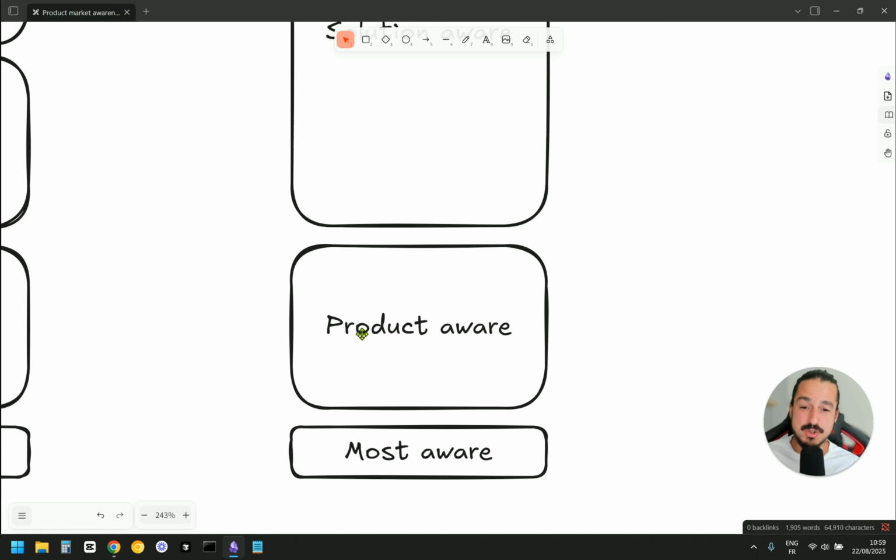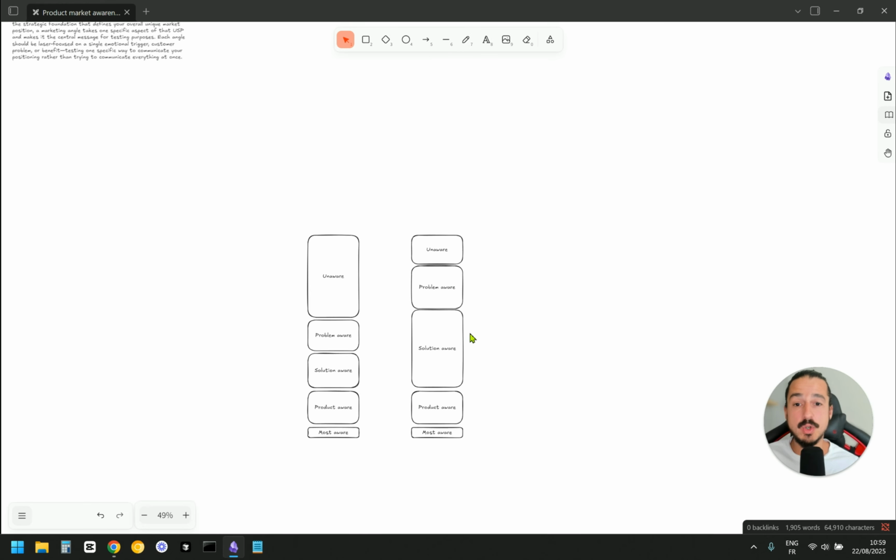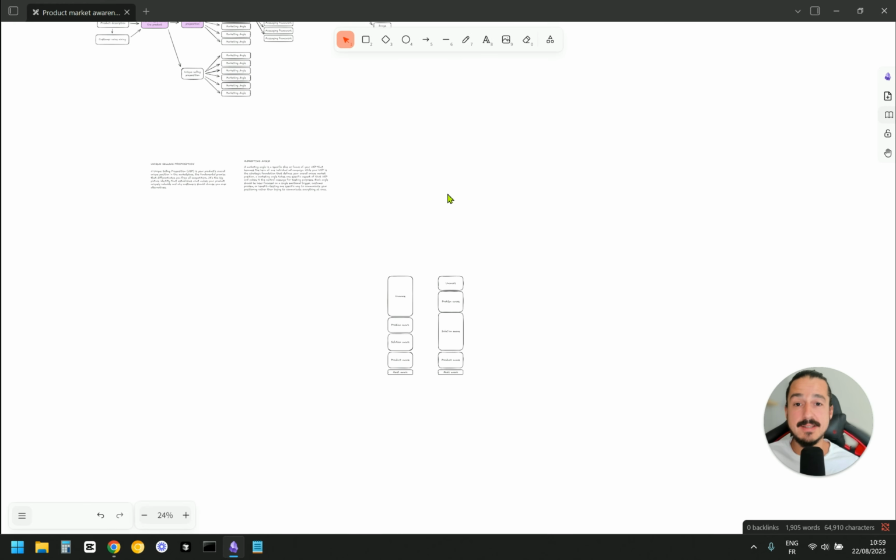And most aware would be the people that are aware of your specific product. So it's always very specific pieces of the market. But when you create, again, when I go back here, we can push a unique selling proposition using a specific marketing angle with whatever messaging framework we want.